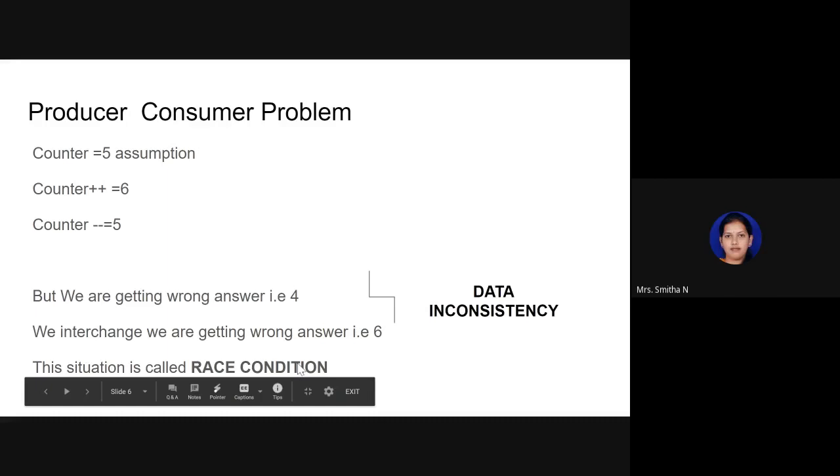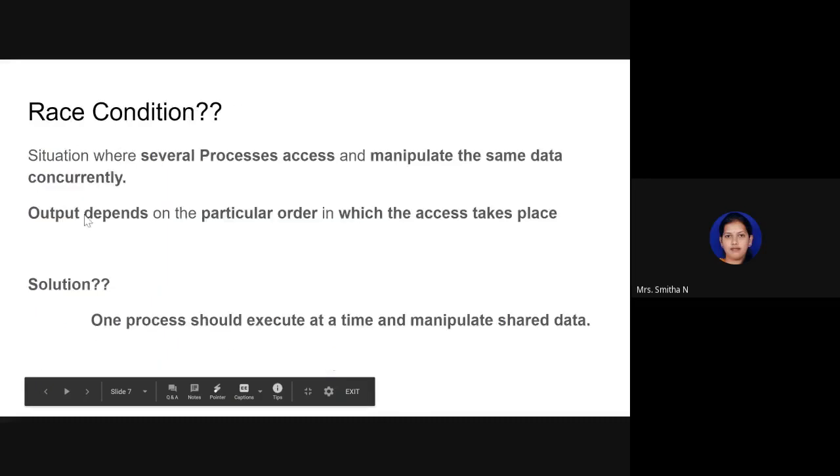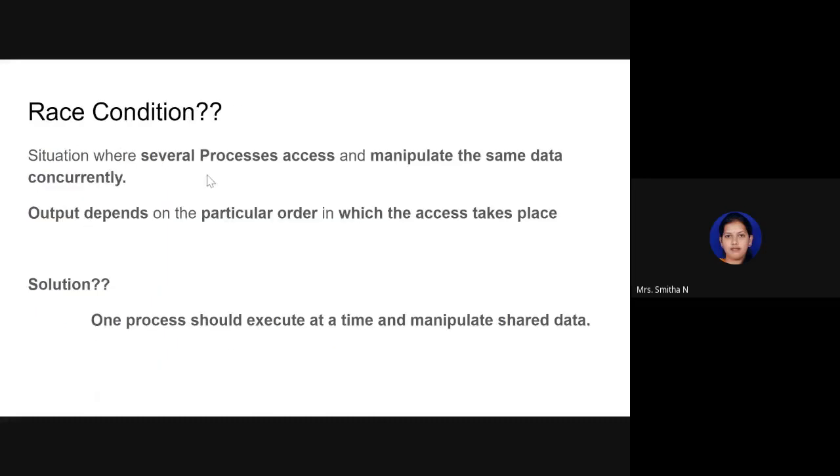What is race condition? In a race condition, several processes will be executing simultaneously, meaning they want to manipulate the shared variable concurrently. So you can see the producer and the consumer processes are preempting and trying to make progress by updating the counter value. That situation is called race condition. If you alter the particular steps also, the output changes.